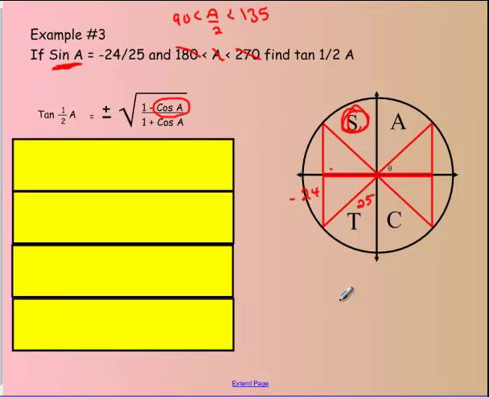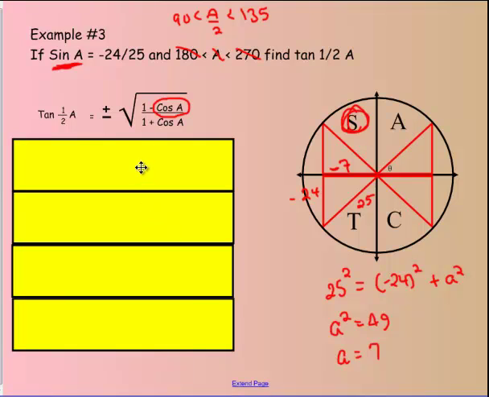So that means a little Pythagorean theorem here. 25 squared equals negative 24 squared plus a squared. And when we do all the math out, we realize that a is 7. So this side over here is 7. And then it's negative 7 because we went in the negative direction. Again, all this should be review.